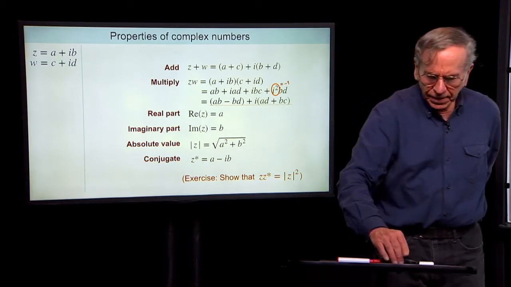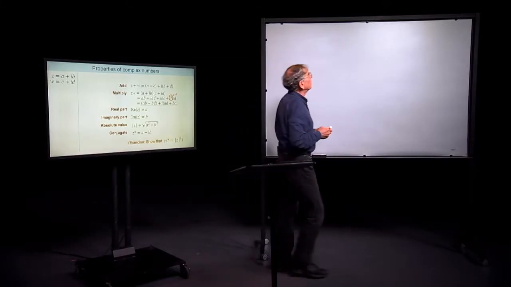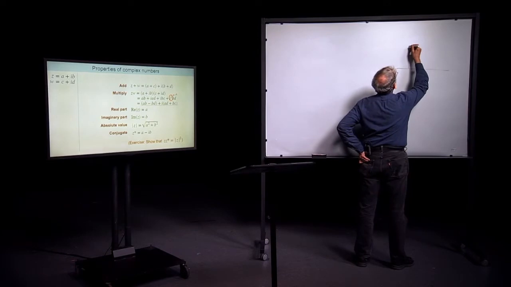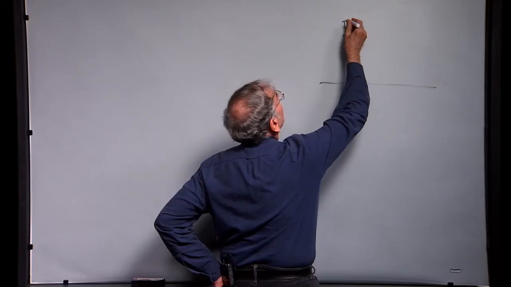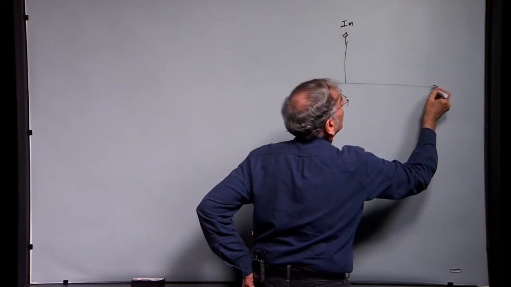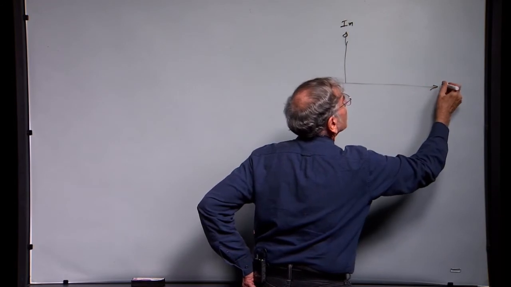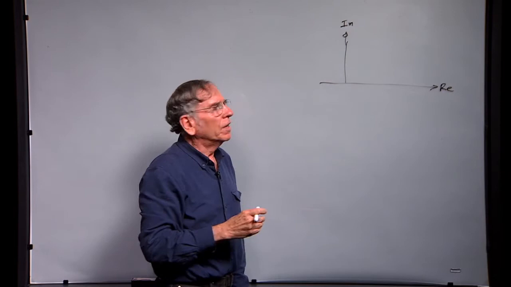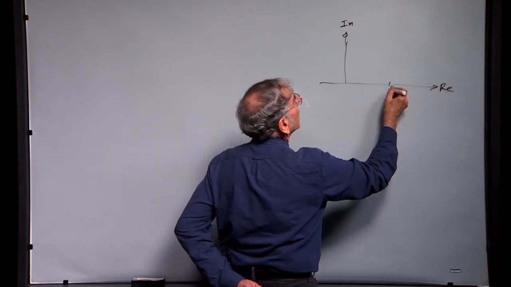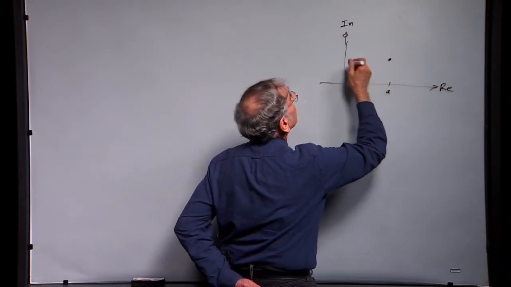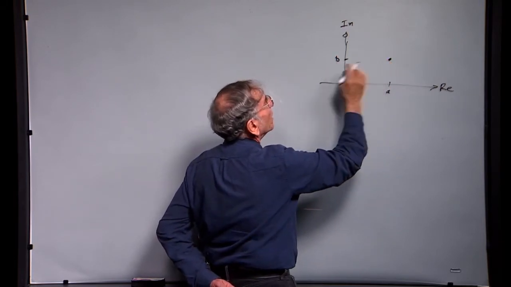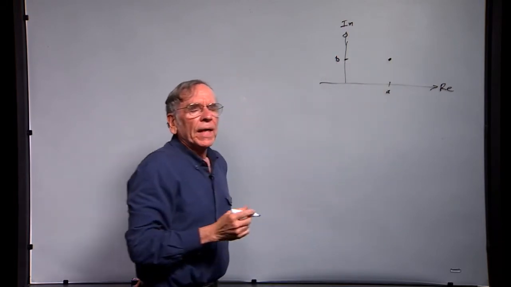Now there's another way of representing complex numbers, which is to plot them in a plane, in a so-called Argand diagram. So if we say that the horizontal axis represents the real value and the vertical axis the imaginary value of a number, then we can plot the complex number as a point in the plane, such as this.